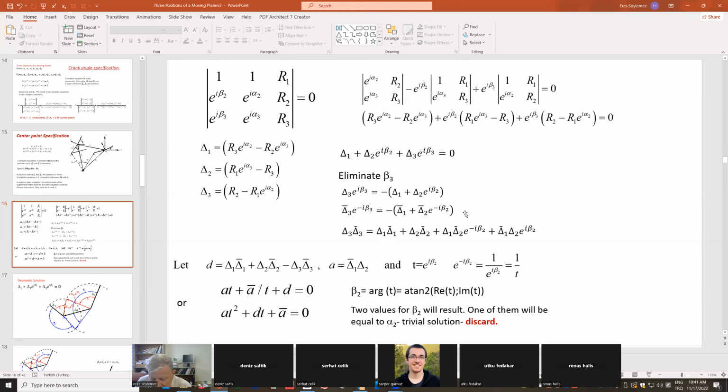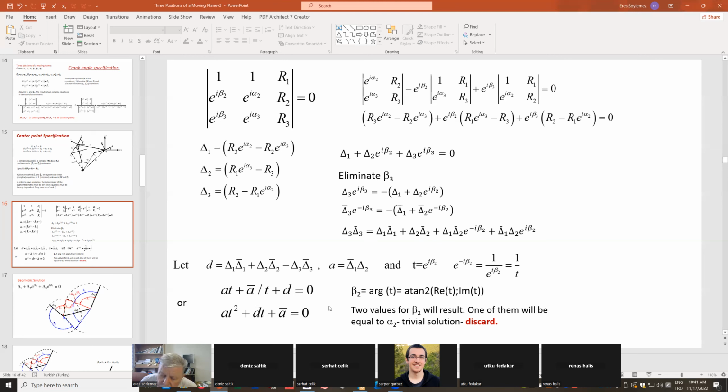Similarly, on the other side, delta 1 bar delta 2 bar, e to I beta 2 times e to minus I beta 2 is e to I 0, so that is 1. Delta 2 bar, and then you have the cross terms: delta 1 bar delta 2 e to minus I beta 2, delta 1 delta 2 bar e to I beta 2.